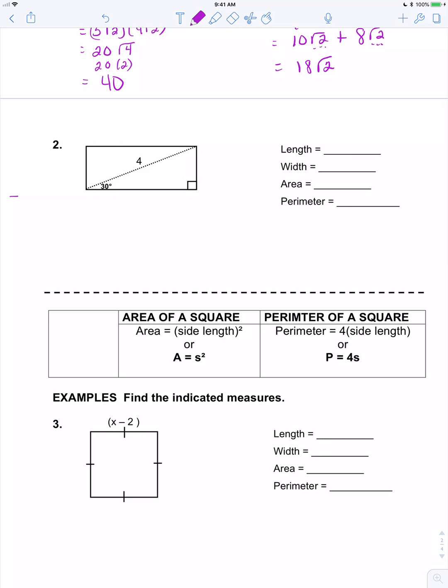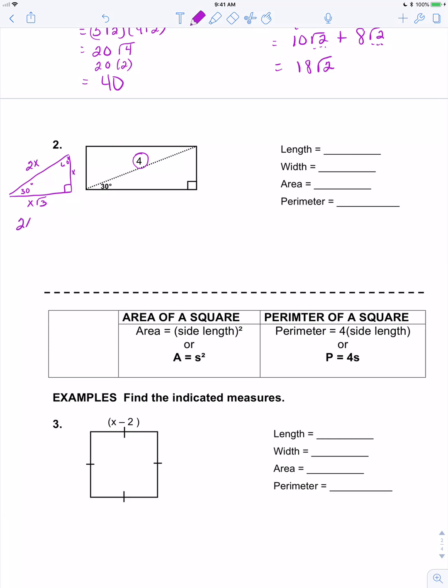But remember, on a 30, 60, 90 triangle, if I've got something that's 30 degrees here, that tells me it's 90 degrees, so this is 60 degrees here. The hypotenuse is always 2x. The one next to the 60 is always x, and the one next to the 30-degree angle is x square roots of 3.